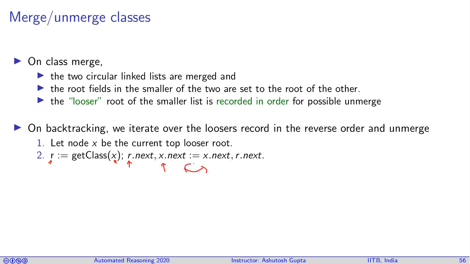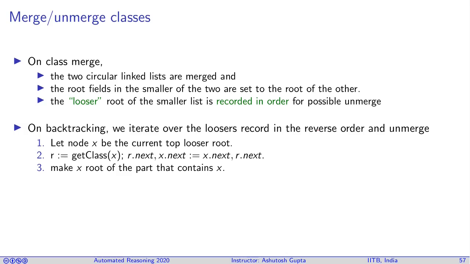Once you swap again, the list which was together, R and X, gets split into two simpler linked lists. And now X is the root of the part that contains X, and R remains the root of the part where R is present. Now you need to update the size also.